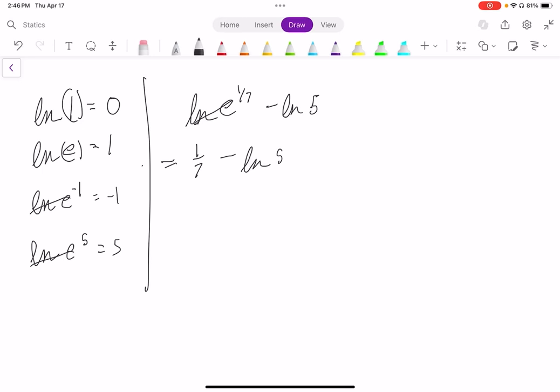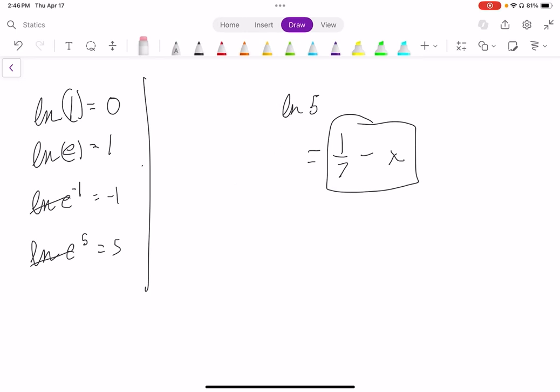Well, we know that the natural log of 5 is really asking e to what power is going to equal 5. That's not something you're expected to know off the top of your head, so you would need to use a calculator to reduce this. And this would be your final answer in the instance that this is equal to x.